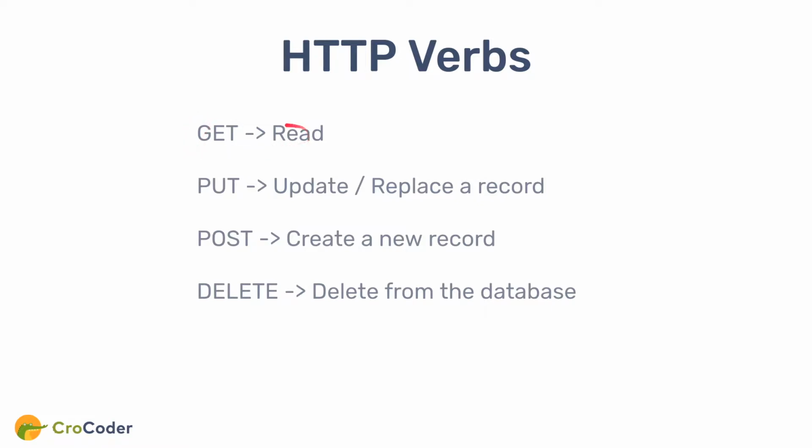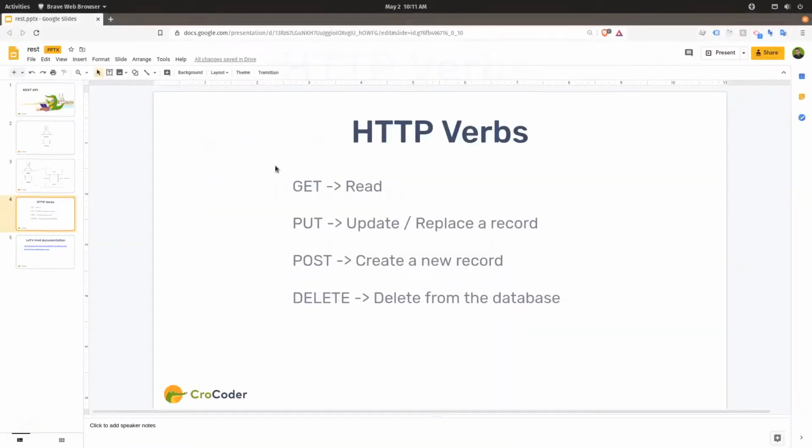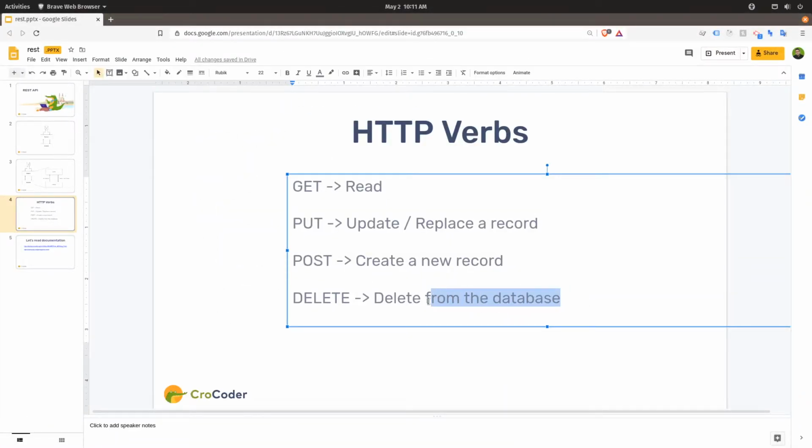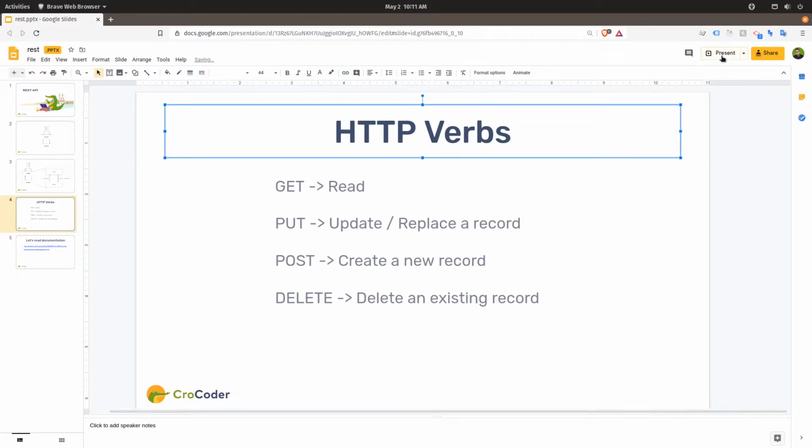GET reads a record or reads all records, PUT updates or replaces a record, POST creates a new record, and DELETE deletes an existing record.